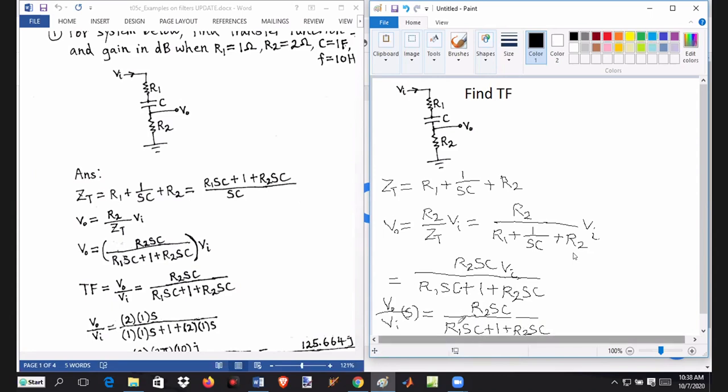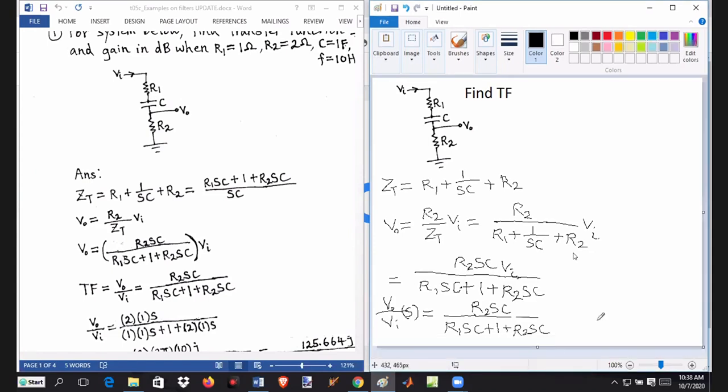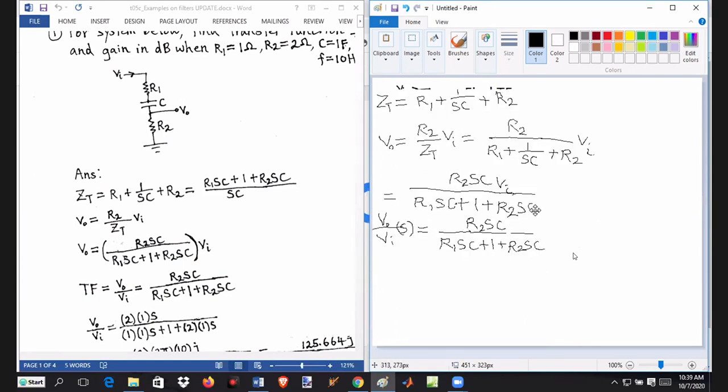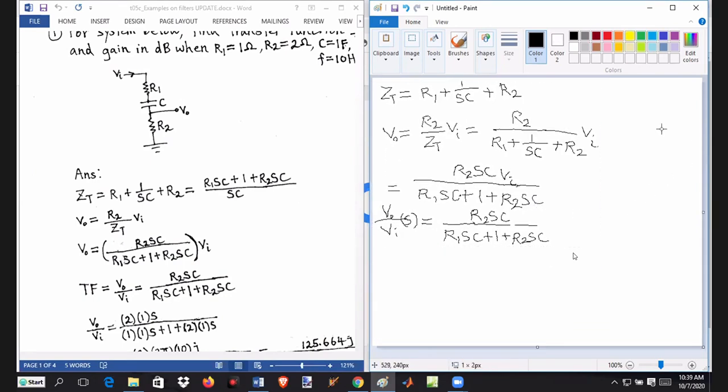This is how you find the transfer function. After that, you can substitute. Now the values of C, R1, R2 are given to you, see? So you just substitute. You must also remember S equals, just substitute.